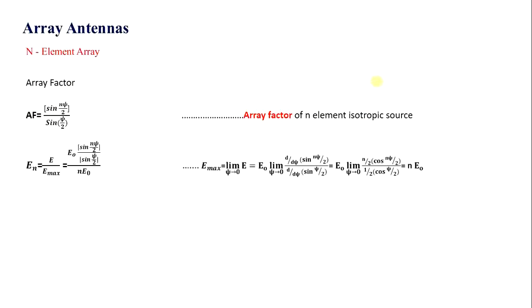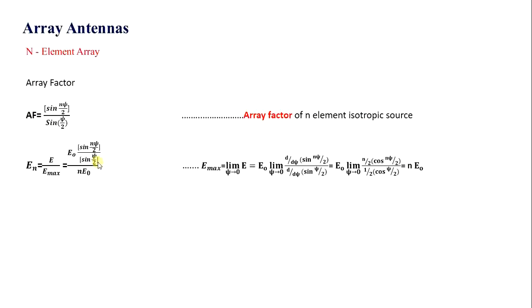So now we will calculate the normalized array factor. Before that, we will calculate the normalized electric field, which is given as E divided by E max. To calculate E max, with psi equal to 0, the equation of E becomes indeterminate, and hence the L'Hospital rule can be applied to evaluate the function.